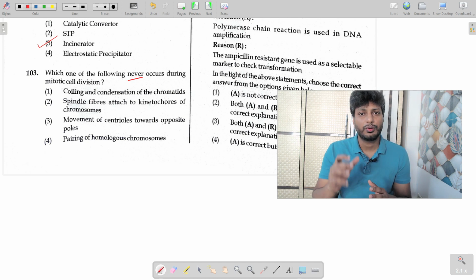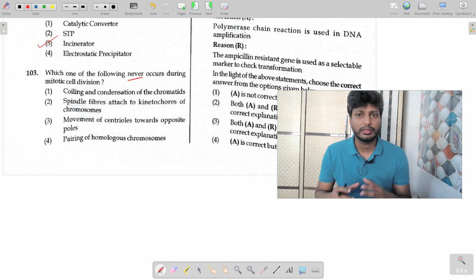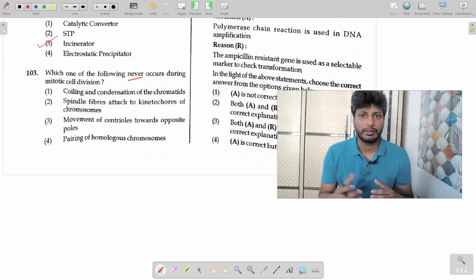That means 23 are maternal, 23 are paternal. Maternal means coming from the mother and paternal means coming from the father. They pair in the zygotene phase of meiosis 1. And that's how the 23 pairs are formed in the zygotene phase. So this is observed in meiosis, dear students.